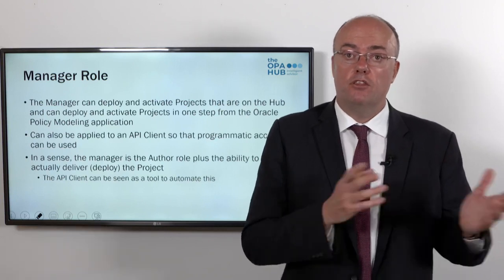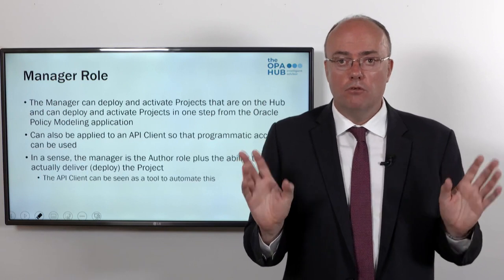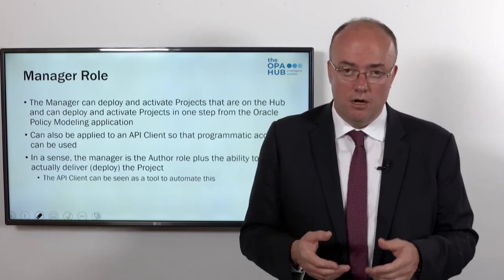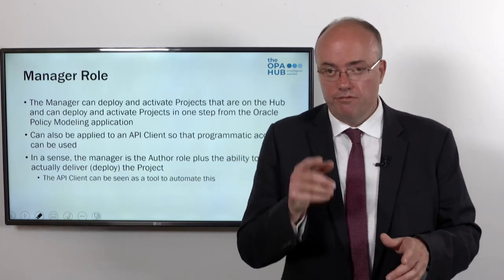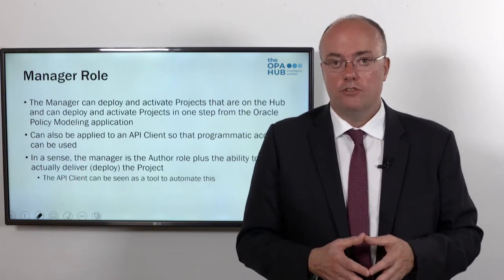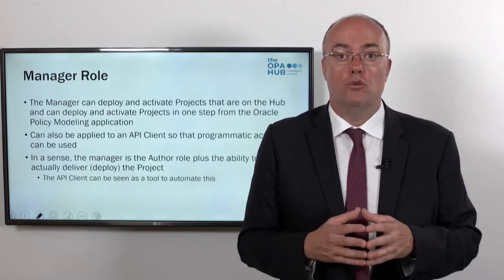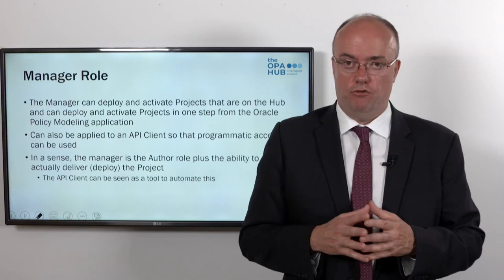If the rule author has said to you, hey, I think I've finished my work now, you probably don't want to log into the hub, search through the stuff, find the thing, and click the button. After a while, you'll want to automate that. So the manager role is a good target for automation because you could automate delivering the next version.